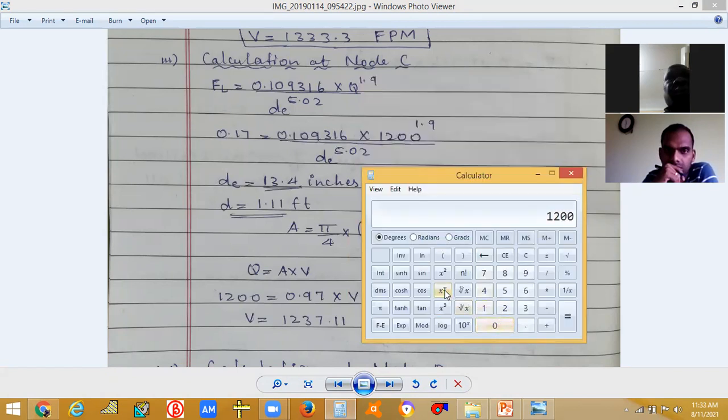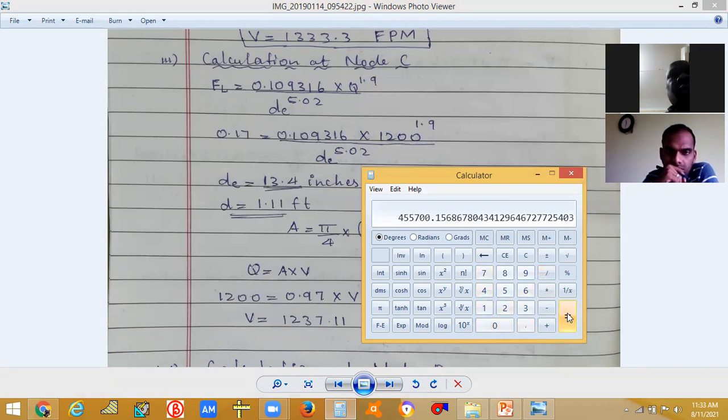1200 raised to 1.9. This is the value. Multiply with 0.1093, 0.16. Let this value be divided by 0.17.